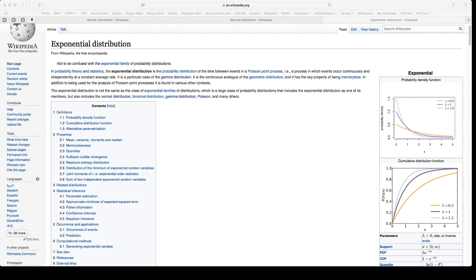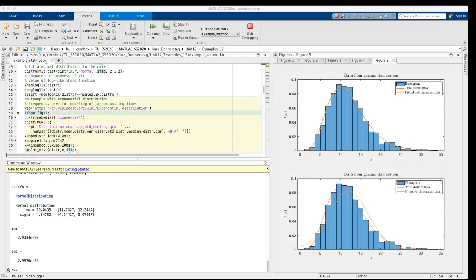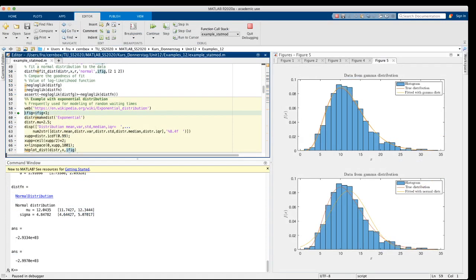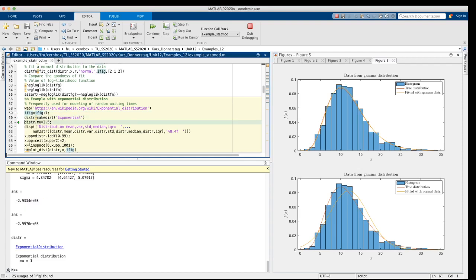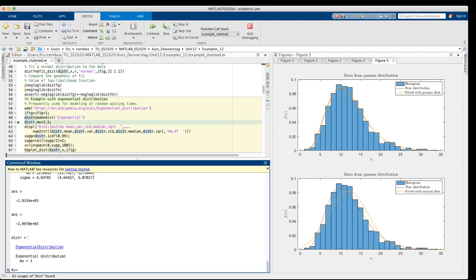Let me switch back to the Matlab window. So its name is exponential. Its parameter, which is actually the mean value, is called mu. And we set now mu to 2.5.